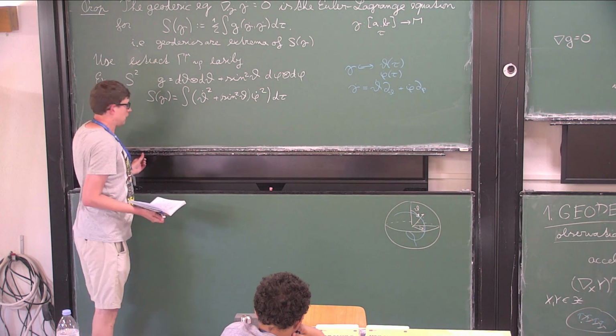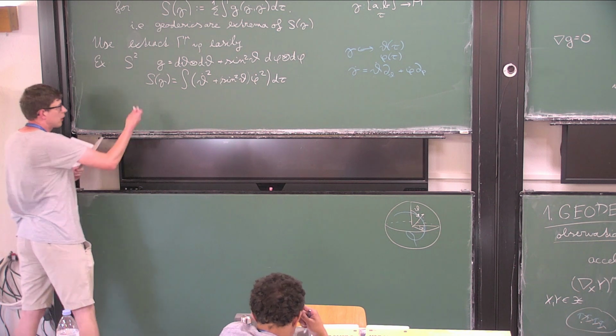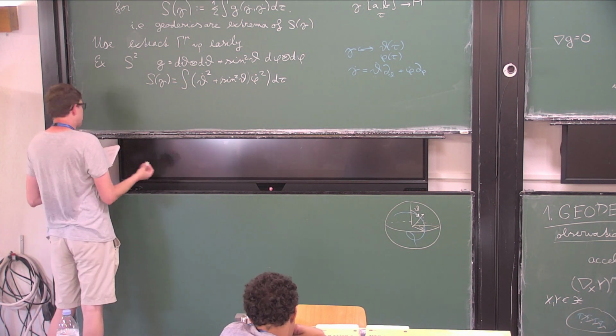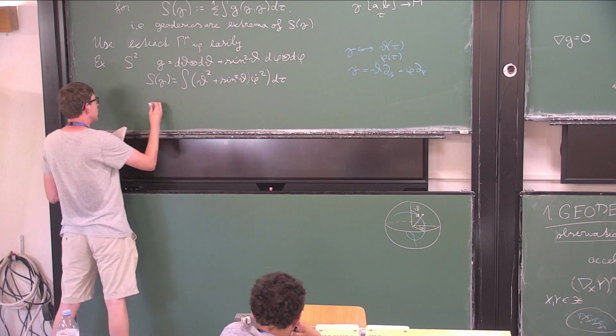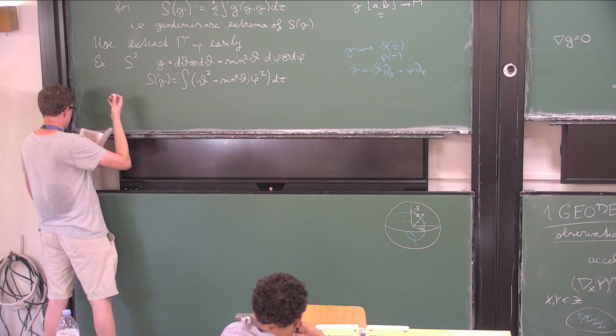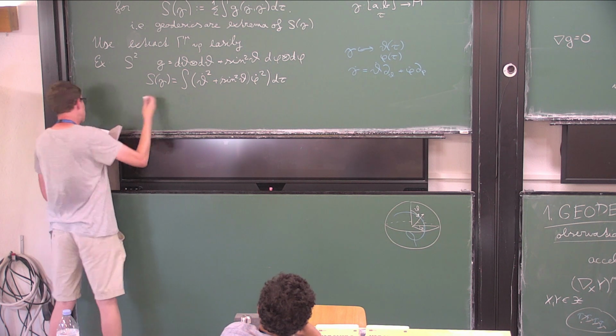So now you have this action functional, and if you're a physicist or if you followed some calculus of variations, then you can find the extrema of this functional. That's a small calculation, but let me just write the result.